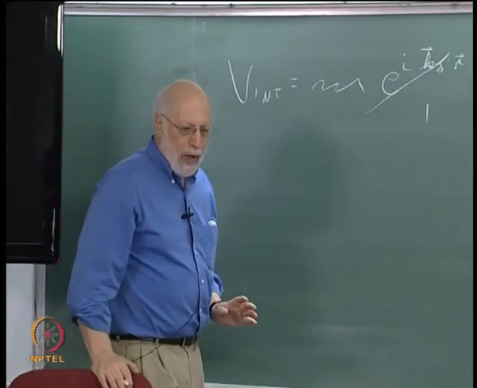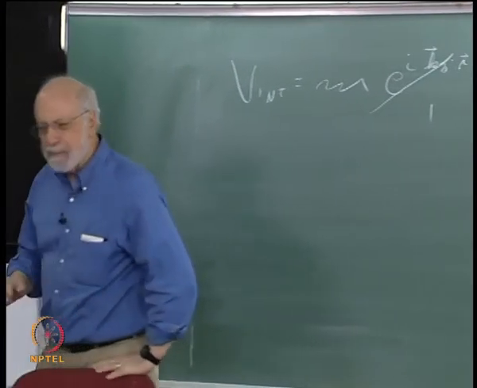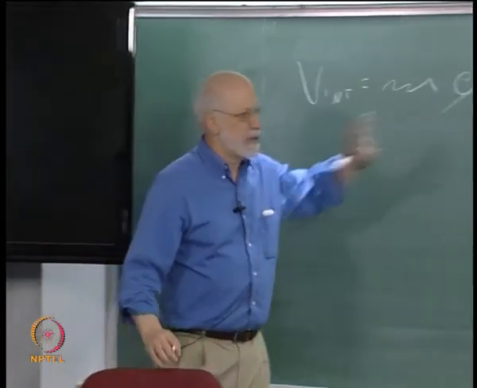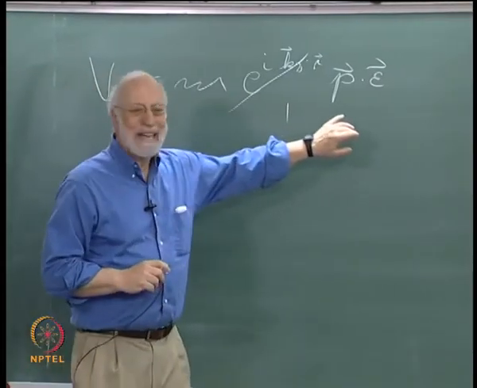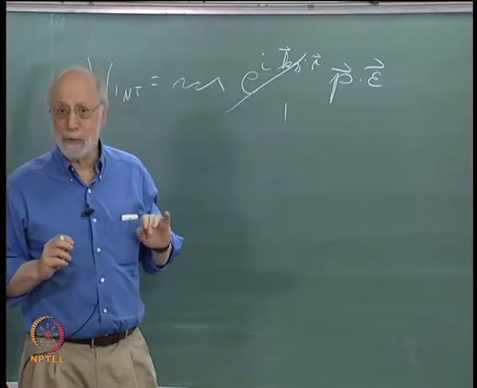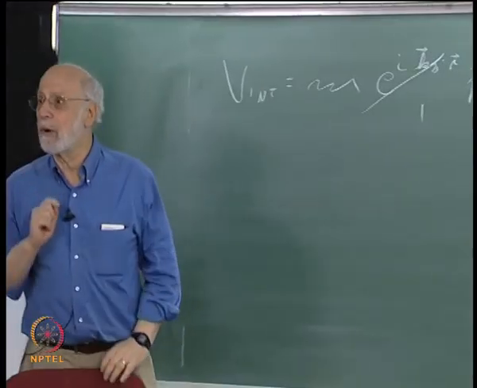Now, there are several important things about this interaction Hamiltonian, aside from this dipole approximation. Number one is that it interacts with a single electron. It doesn't interact with 2 electrons. It doesn't interact with 3 electrons. It's a single particle interaction.